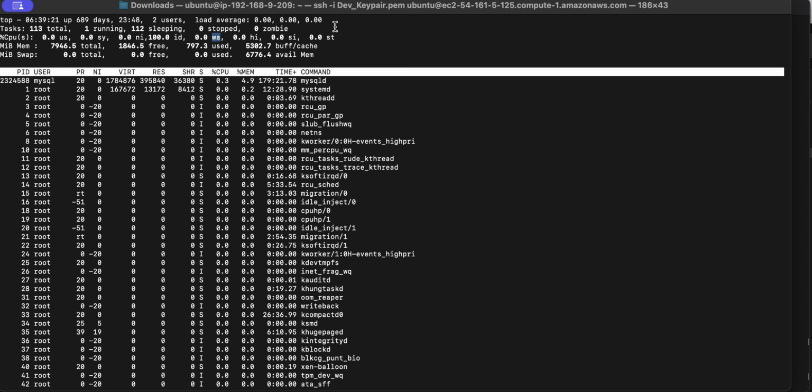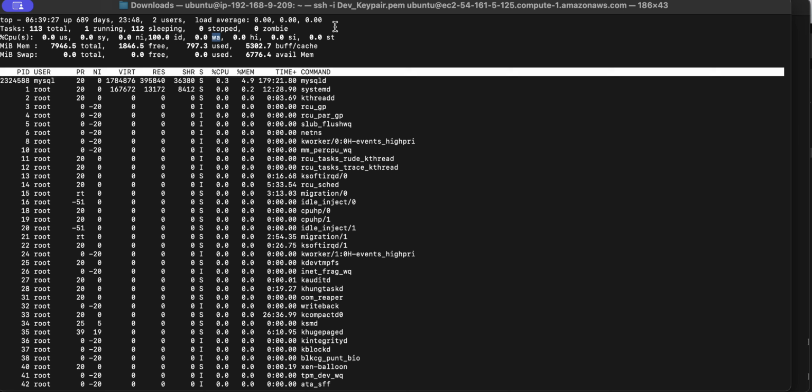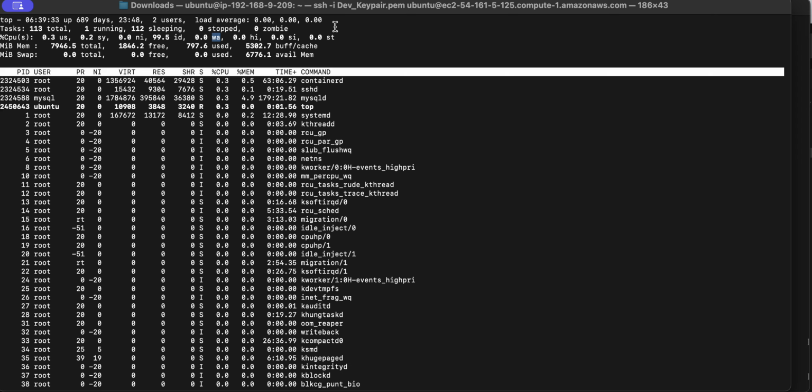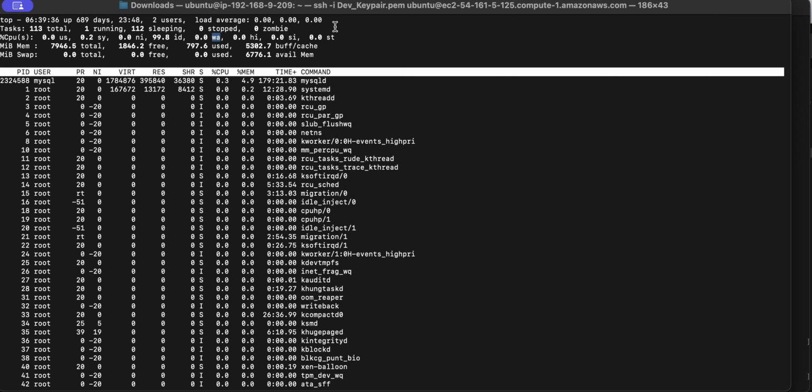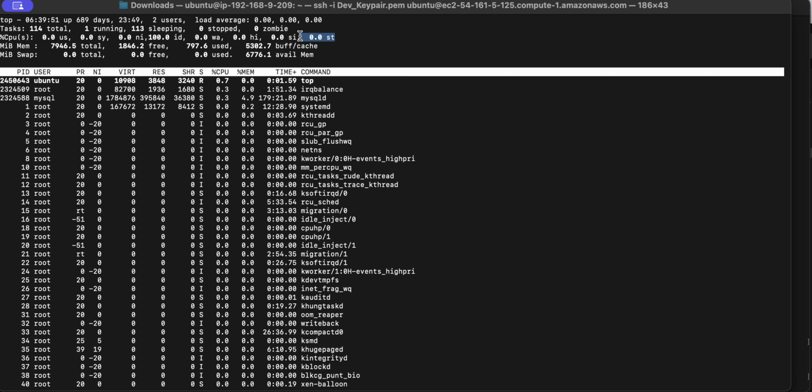The last one is ST, the percentage of CPU which is being stolen by the hypervisor for other virtual machines. So this will remain just 0.2, 0.1, and you won't get much of it in the cloud or on your machines.